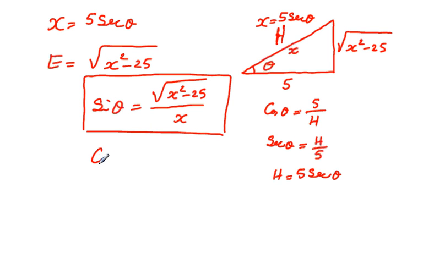If you want cosine theta, what is cosine theta in terms of x? 5 over x. This you could have gotten from here immediately. Is that right? Perhaps that's what the book wanted you to do. So, secant of theta is 1 over cosine theta. So if you want cosine theta, it's going to be 5 over x.